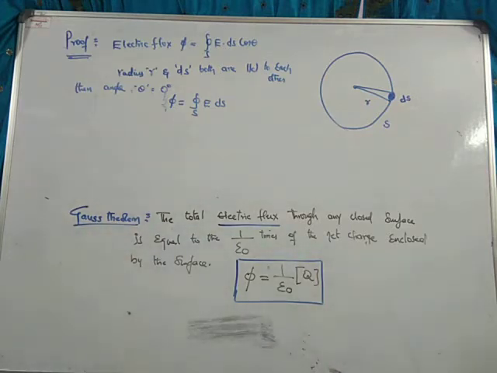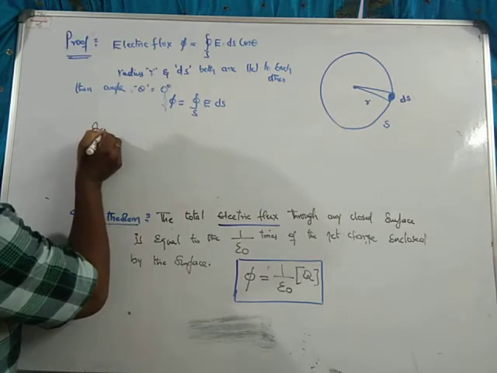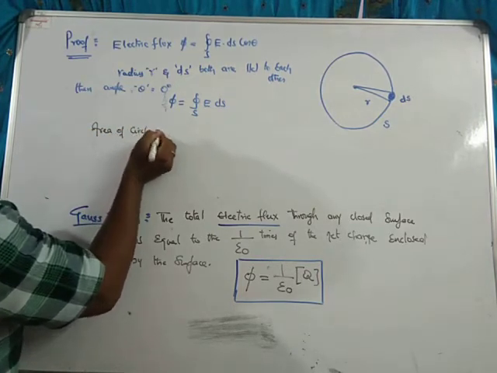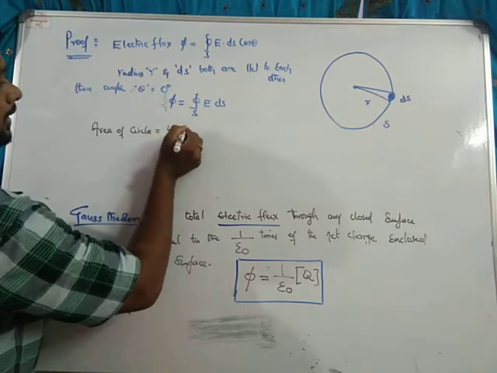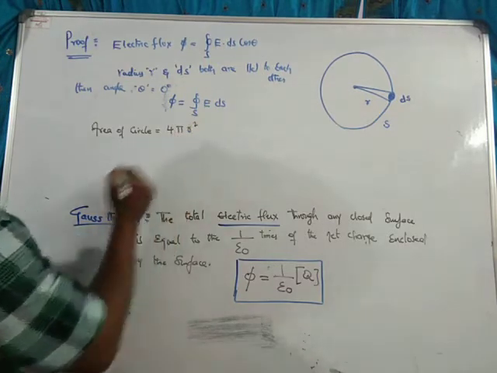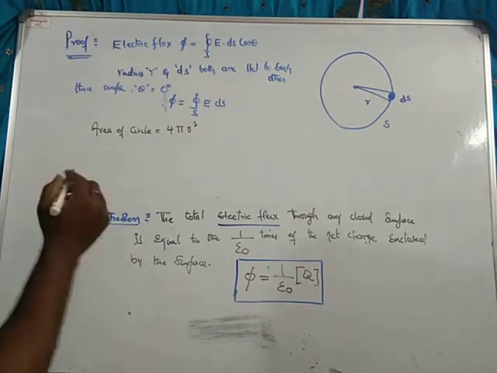Now, what will be the area of the sphere? The area is 4 pi r square.